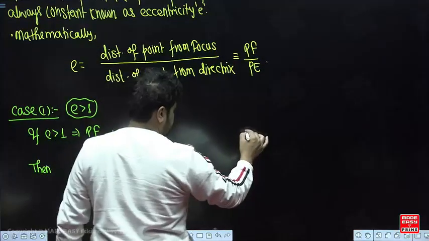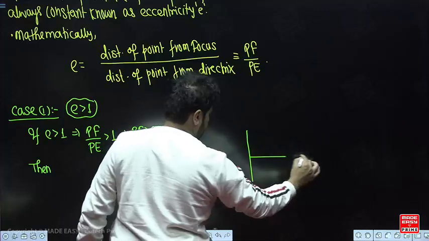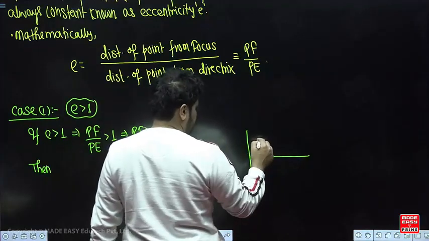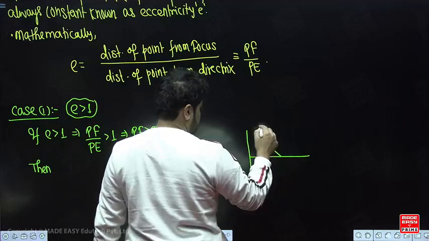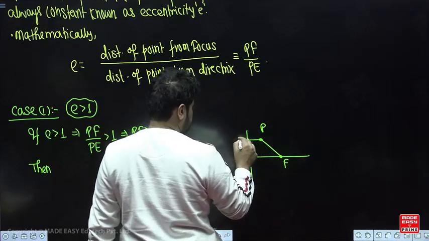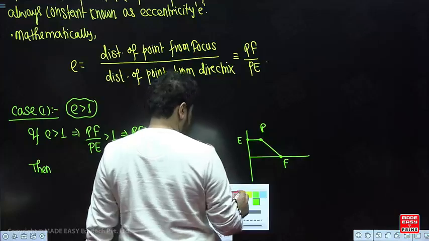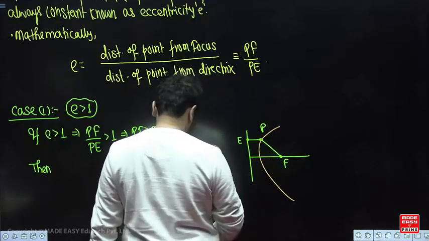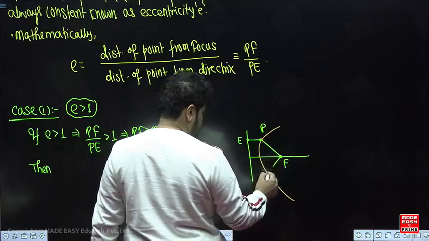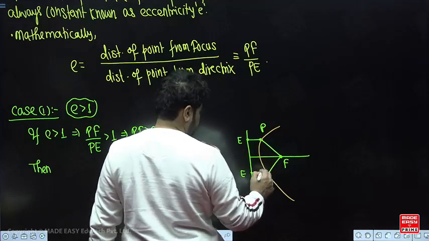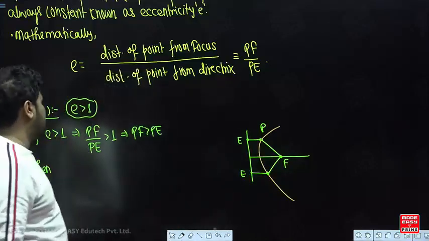So that means something like this. So this is your D, okay. So here this is P, this is F, and this is E, right? So in such case a curve will be traced like this, isn't it? So a curve will be traced like this, correct? So this curve is called hyperbola.